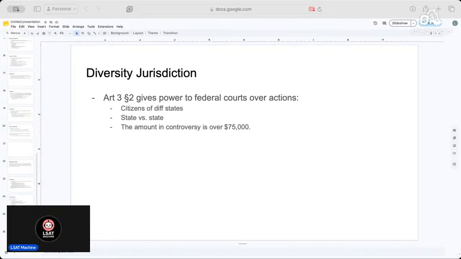Okay, so yesterday I didn't get through much, but we started talking about federal question jurisdiction, and that's when you end up in federal court because the claim that you're suing for involves a federal issue. A federal issue is something that comes directly from the Constitution or a law that Congress has passed federally.